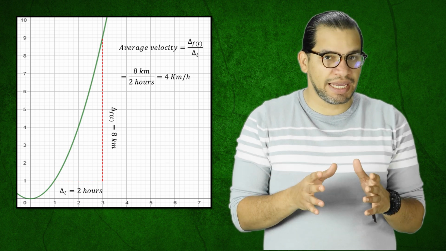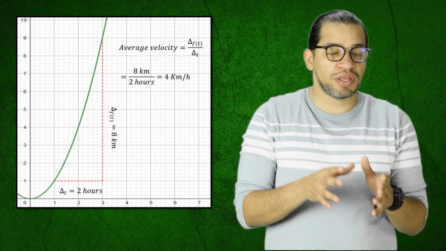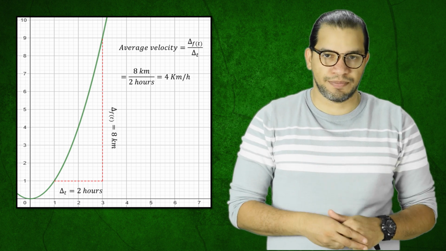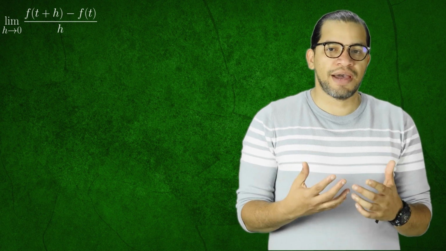Remember that the change of distance with respect to time is equal to velocity. Have that in mind. Thus, if we want to know what is the instantaneous velocity of this particle at any given time, we need to solve the limit when h goes to 0 of f of t plus h minus f of t divided by h.